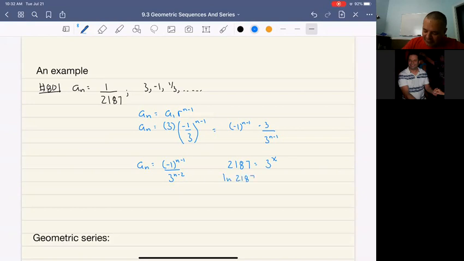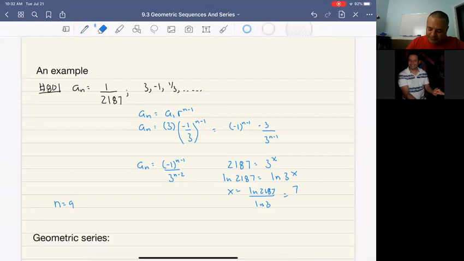Log 2,187 equals log, use the same log, 3 to the x. So x is natural log of 2,187 divided by natural log of 3. Gives me 7. Okay, so n minus 2 equals 7. That means n is going to have to equal 9.